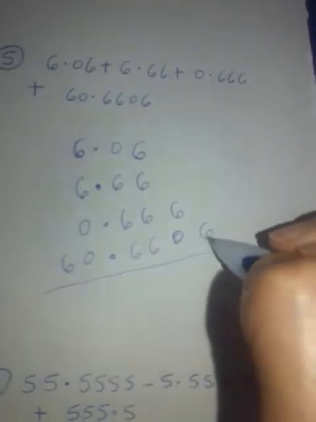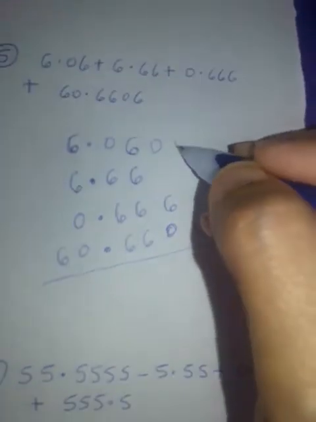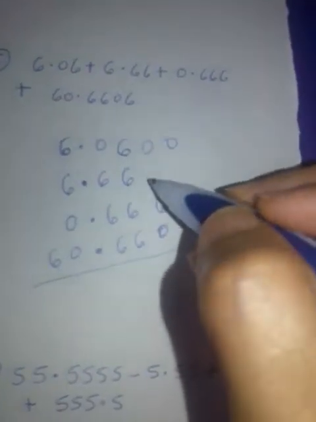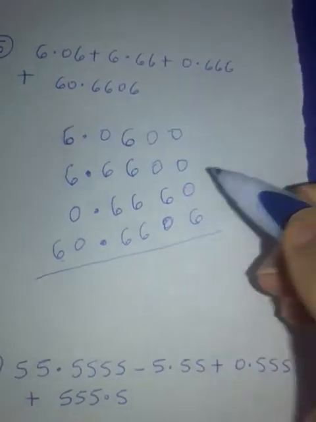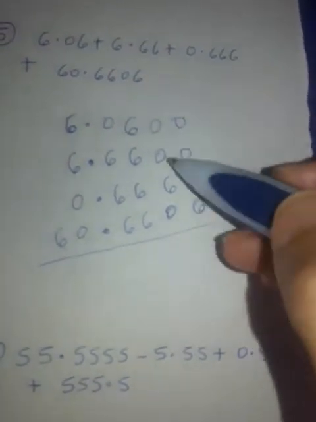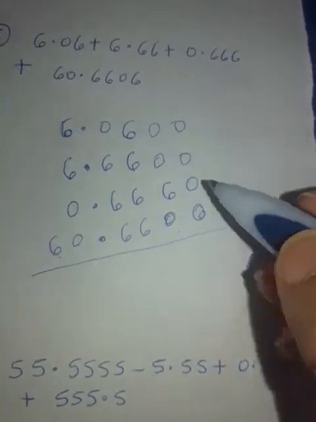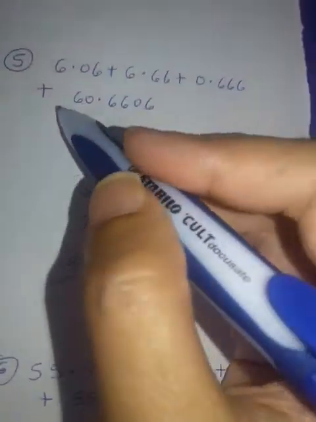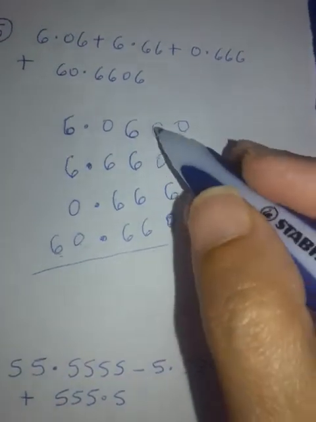See, now there are 4 places and here only 2. So add 2 zeros, no problem. Here also 2 places, add 2 zeros. Here only 3, add 1 zero. Now everything is one below the other. Now you can easily take the sum. This is all pluses only. This is 0.